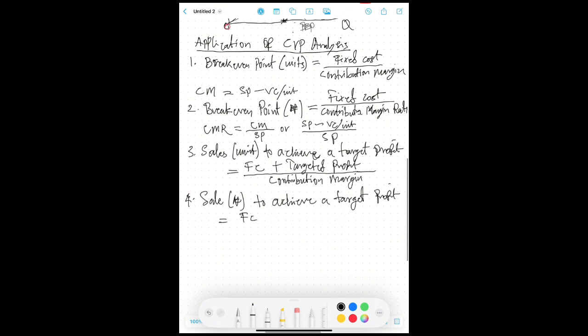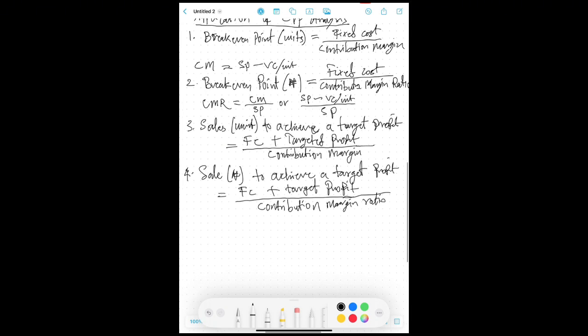The formula says fixed cost plus the target profit, divided by contribution margin ratio. We've already defined contribution margin ratio. Like we said, it is your contribution divided by selling price.